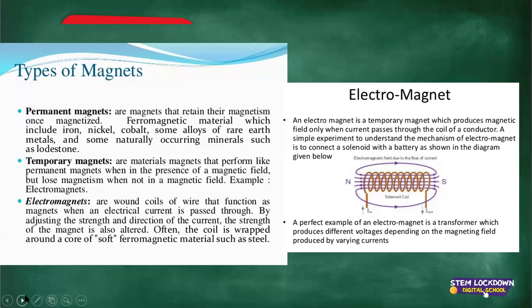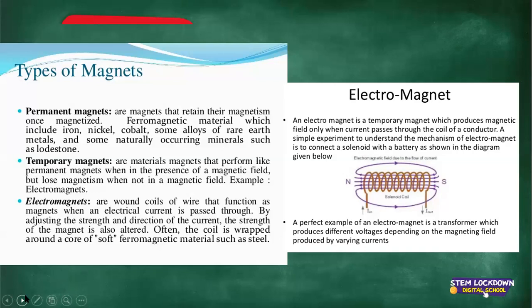Often the coil is wrapped around a core of soft ferromagnetic material, such as steel. Now you could ask yourself, what is ferromagnetism? Basically, it's a material that is attracted to magnets, and it has a magnetic field around it.